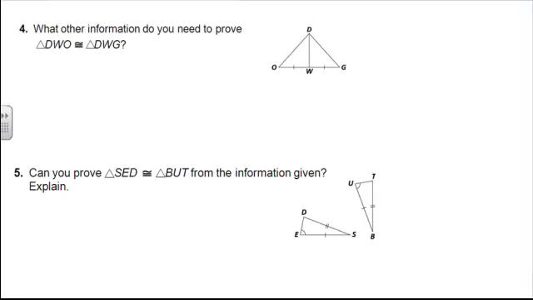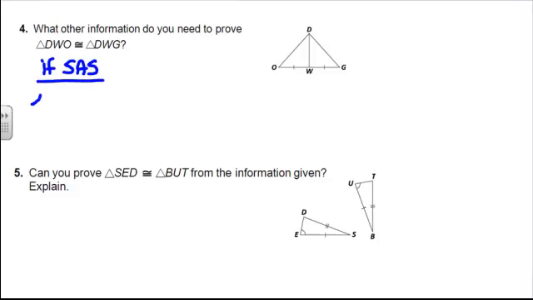What other information do I need to prove these 2 triangles are congruent? I only have 1 mark, so I'm going to need 2 pieces of information. It depends if I want to prove them congruent from side, angle, side, or side, side, side. So if I'm doing side angle side, I need an angle and another side.